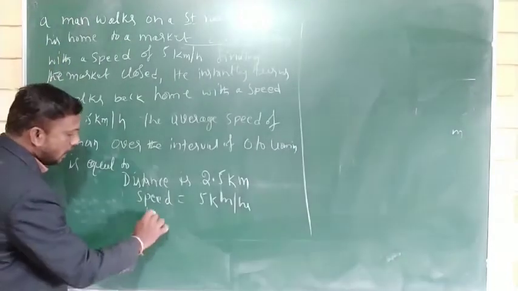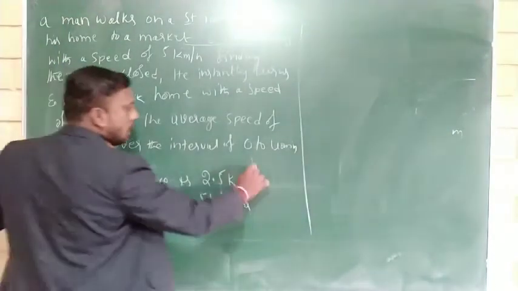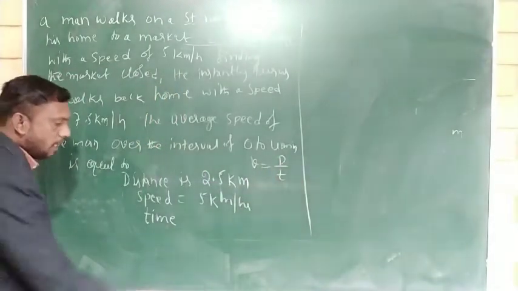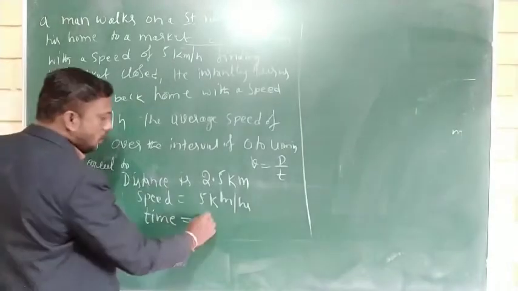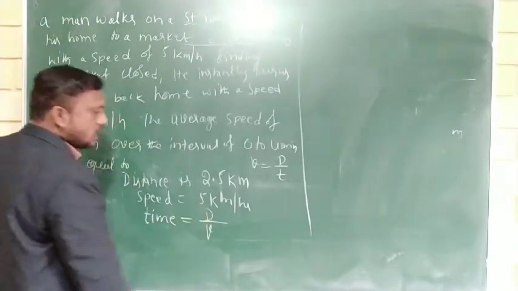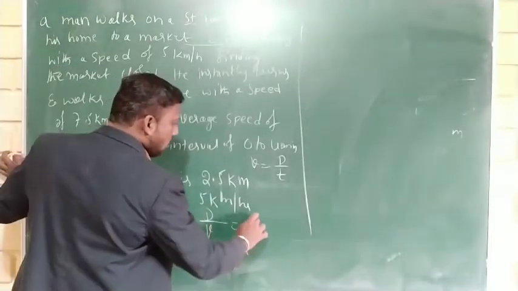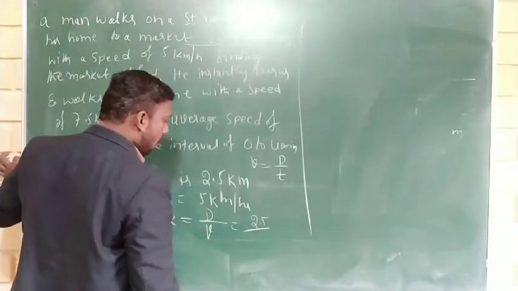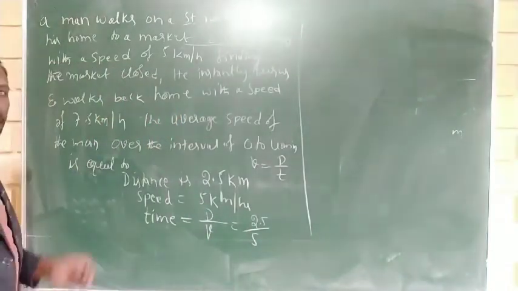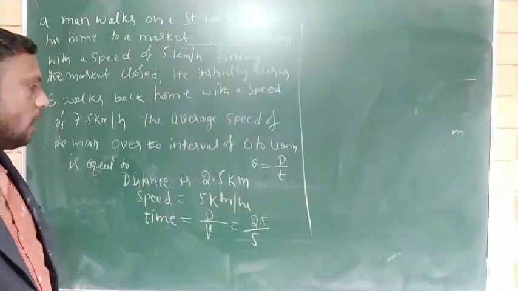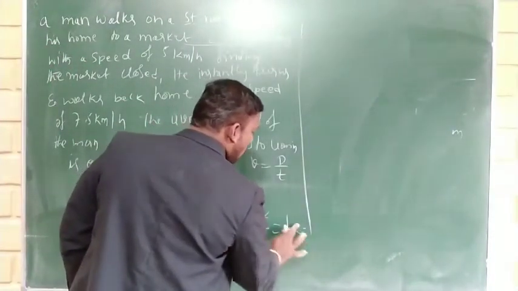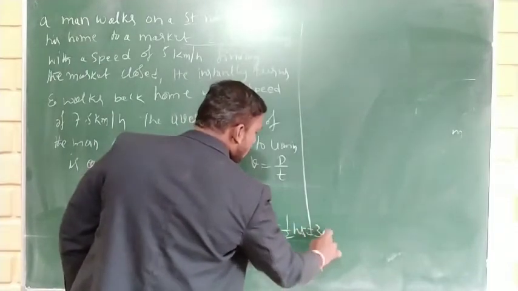We know that velocity is equal to distance divided by time, so time is equal to distance divided by velocity. That is 2.5 divided by 5, which is half an hour. Half an hour means 30 minutes.